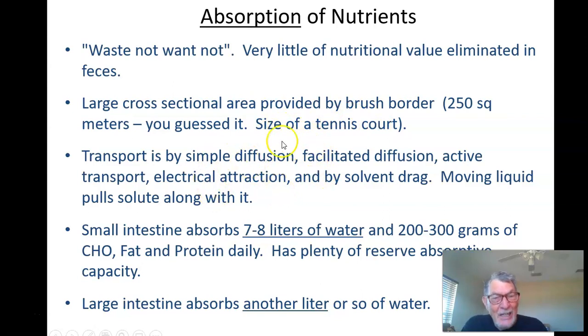You're also pulling a lot of water in because it's drawn in by all of this osmotic force. When you absorb solute, the water gets pulled by osmosis, and so you're absorbing tons of water at the same time. A lot of carbohydrate, fat, and protein.